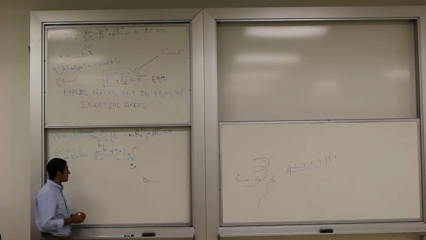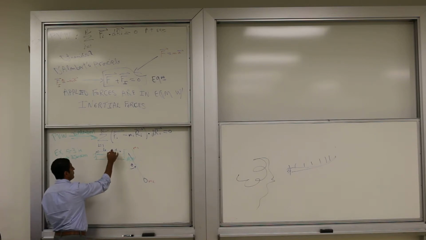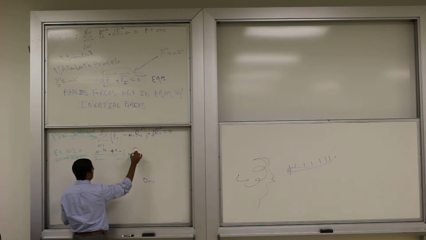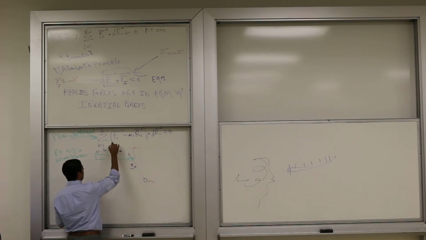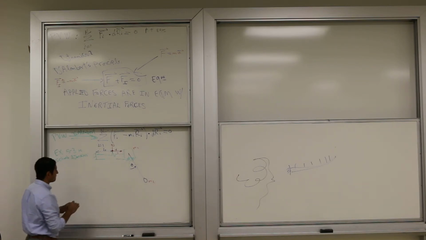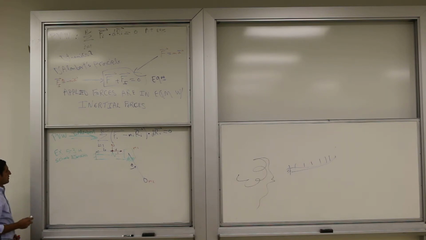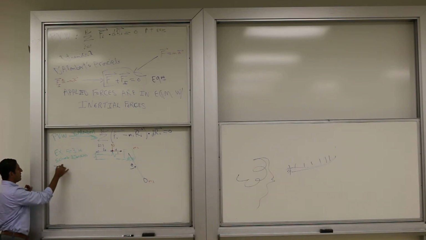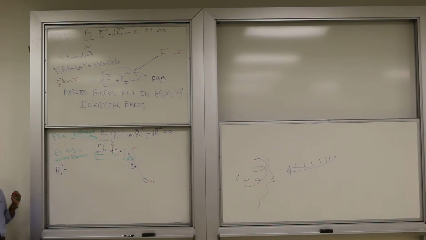Okay. So let's have our origin here. This is I and J. Okay? So let's do it. R1, I'm in Newtonian mechanics, okay?